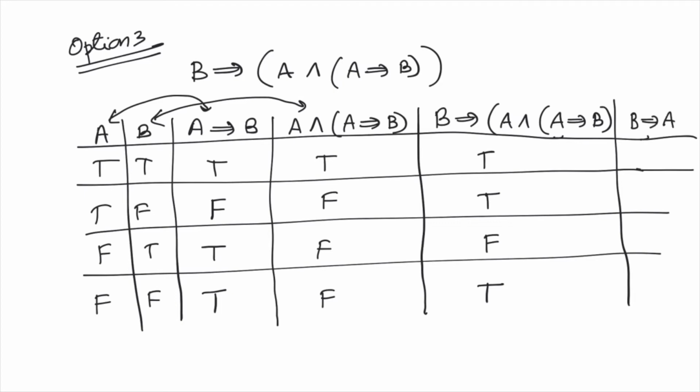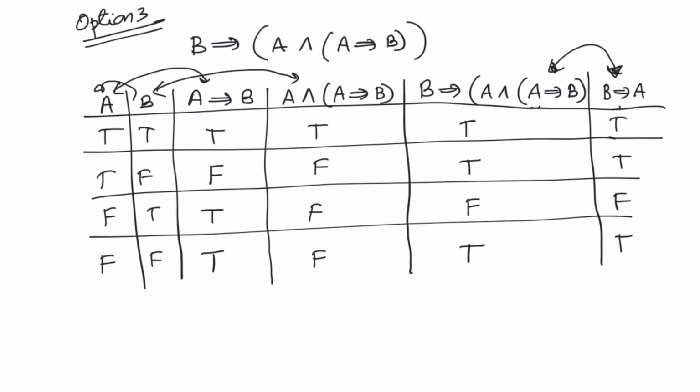Because if you take B implies A, this will be T, this will be T, and in the third case, there is an elephant, I'm not giving you money, so it is F, and this is T. So these two are exactly the same, and this is pure observation.